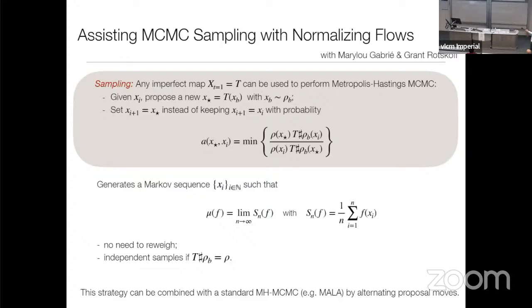And this is the Metropolis-Hastings criterion, which involves a ratio of quantities that you can evaluate without knowing the normalization factor of all of these densities. So what you do in practice is that given the state of the chain, you generate a new sample and you update your chain to this value according to this probability. And if the criterion is not met, you keep the chain where it is.